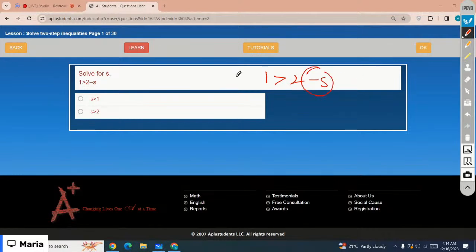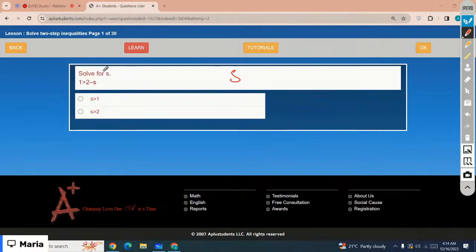Move that negative s to the other side, right? It would be positive, and also move that 2. Now 2 minus 1 is 1. No, you don't need to change the inequality sign.